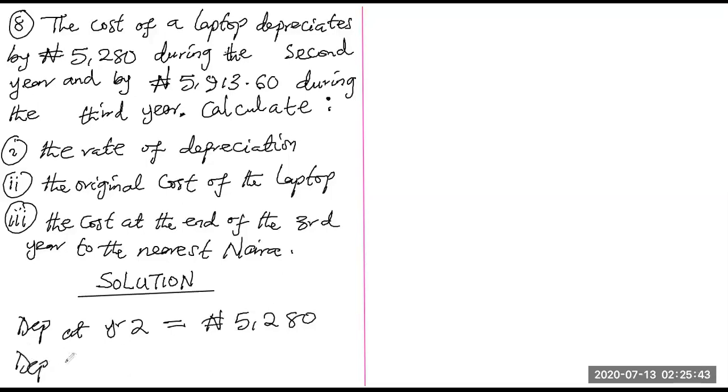Our depreciation at year 3 is given to us as 5,913.60. Alright, so what this question implies is that when they compounded for 2 years, and during the third year, that is for 2 years, when they compounded for 2 years, they got a depreciation of this.